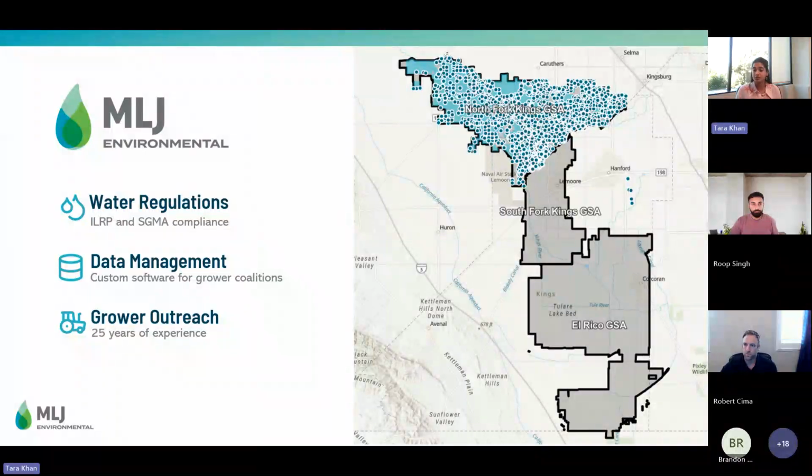So we build custom member portals and we handle the water quality monitoring and data management for the coalitions across the Central Valley. And then on the Sigma side, which is what you're seeing in the map over here, we support Sigma compliance and GSP implementation for GSAs in the Kings and Tulare Lake subbasins with our water accounting and well registration tool watermark. So that's kind of a bit of a background on what we do.